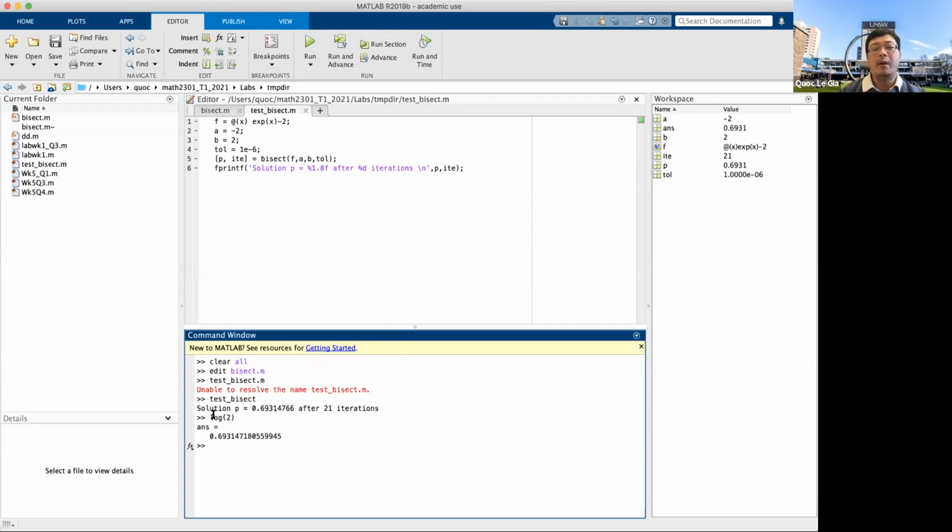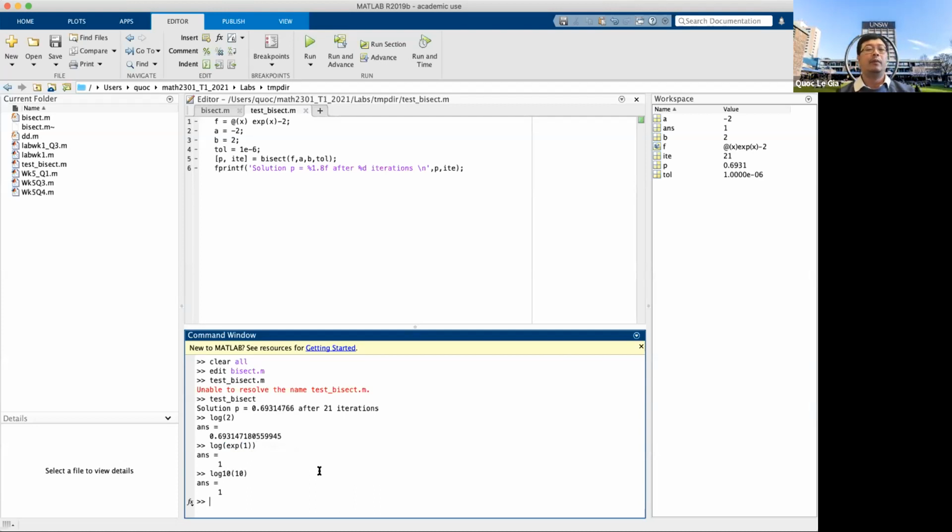So remember, log here is a natural log. In MATLAB, if you write log, it means natural log. So the natural log of e to the 1 is just equal to 1. And if you want log base 10, then you have log10 of a number like this.